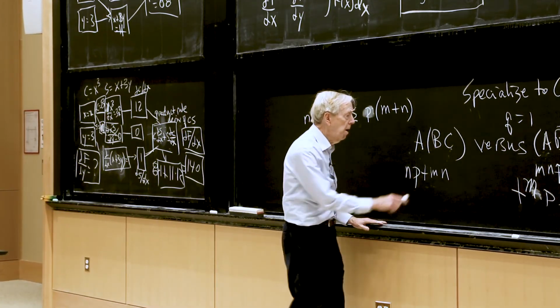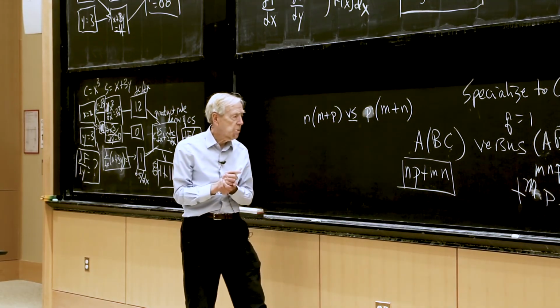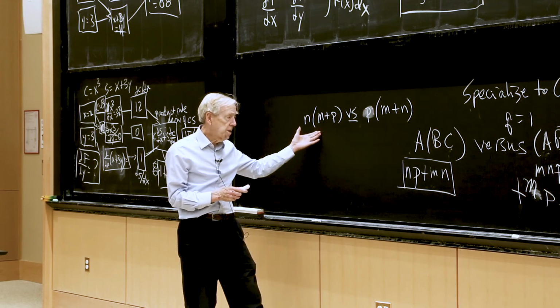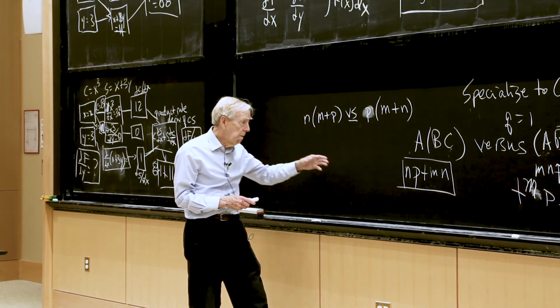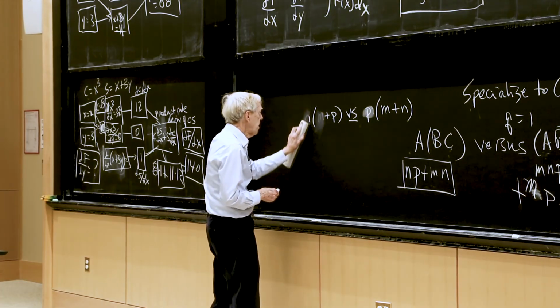If Q is 1, if I go this way, was that my final total when Q was 1? M factors out times N plus P. Whoops, let's get that right.